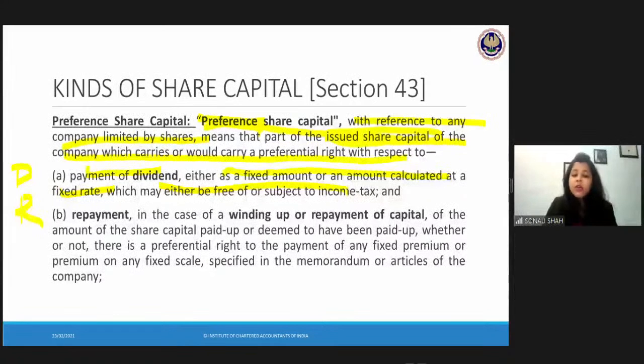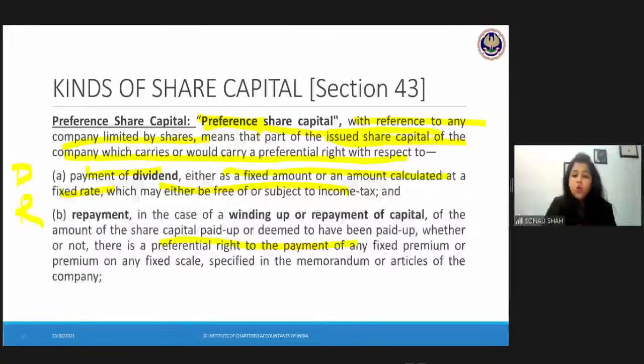Point R stands for repayment. When the company goes for winding up or there is a repayment of capital of the amount of share capital paid up or deemed to have been paid up, there is a preferential right to the payment of any fixed premium or premium on a fixed scale. Let's say the preference shareholder paid an amount of rupees 100 towards the share capital.